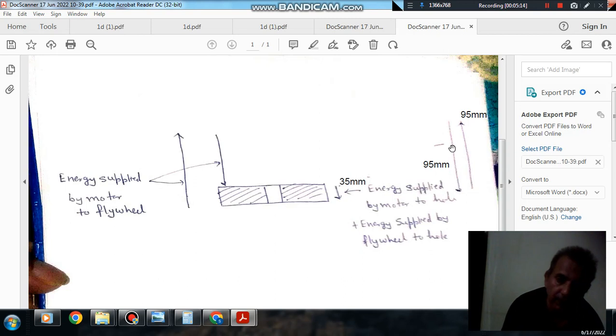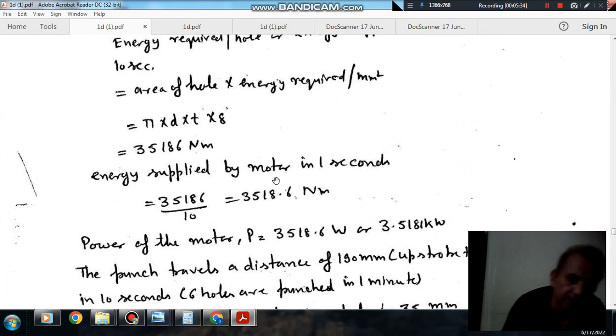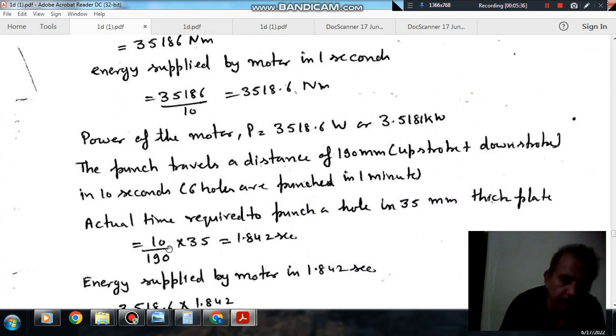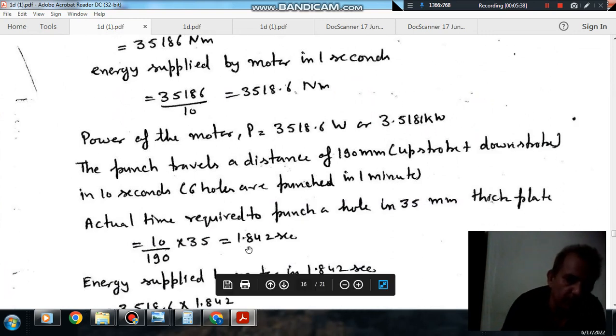The motor is supplying energy continuously during the whole cycle. If 190 mm takes 10 seconds, then 35 mm will take 10 by 190 into 35, or 1.842 seconds.